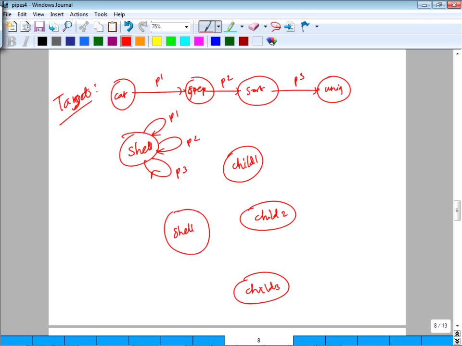So everybody has the same configuration. It's kind of hard to draw. That's pipe 1. Does that make sense? Yeah, so that's pipe 1. And similarly for pipe 2.